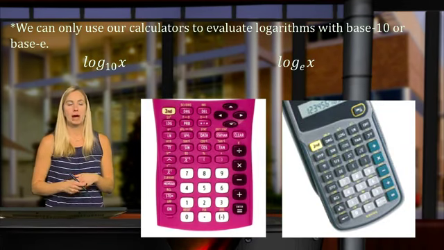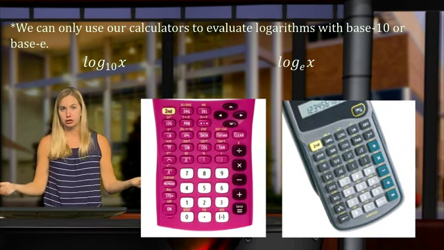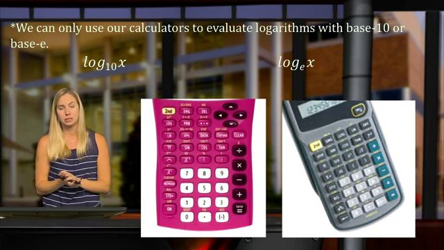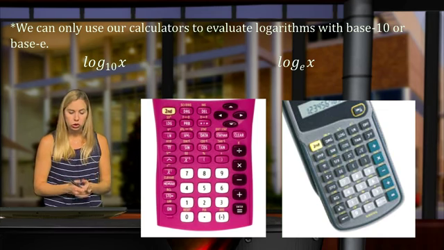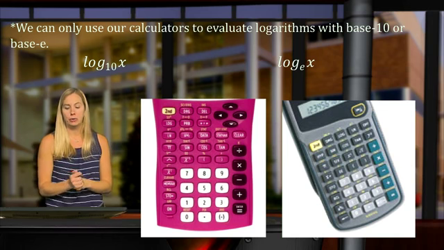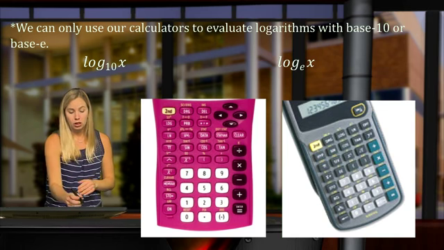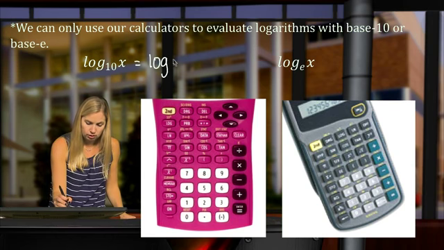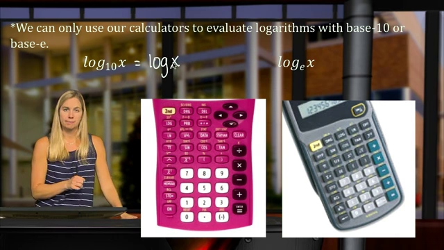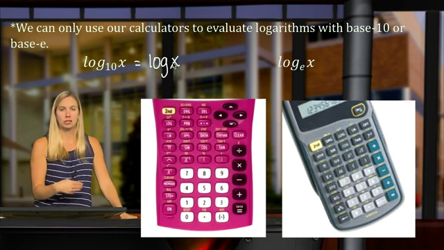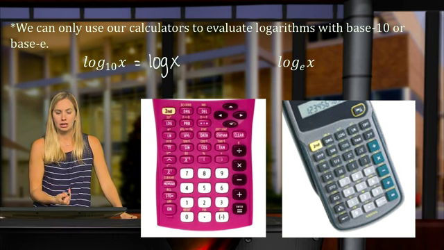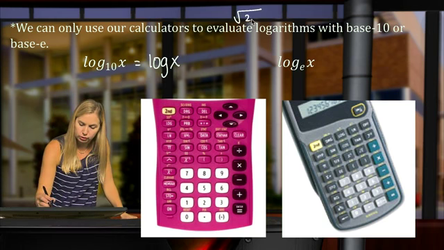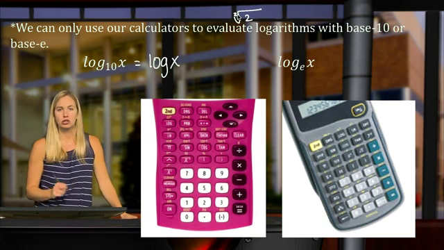So we've been talking about how our calculators are just not worthwhile when it comes to logarithms. And that's not really true. Our calculators can evaluate logarithms that have a base of 10 or a base of e. Log base 10 of x, we actually just write log of x. Similar to a square root, where we don't use an index: if I've got the square root of 2, I don't put that little 2 as the index.